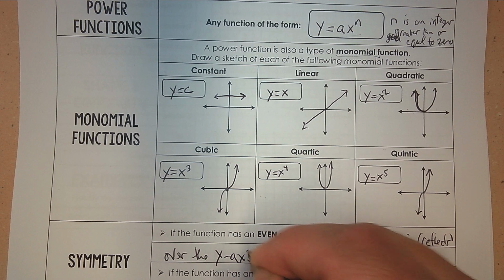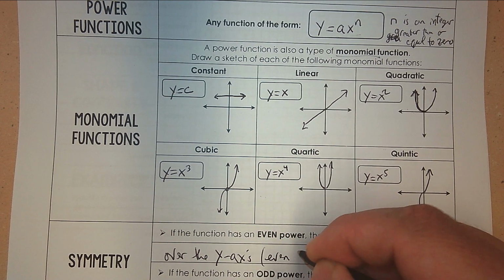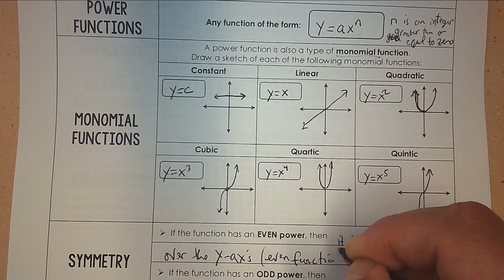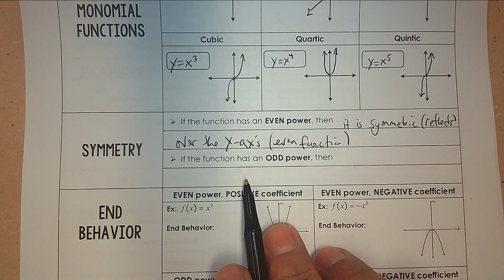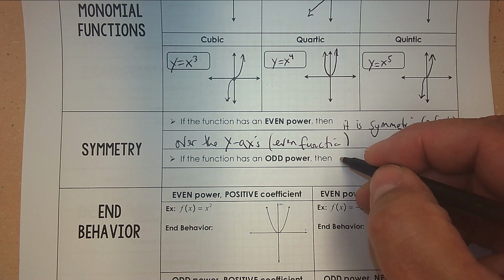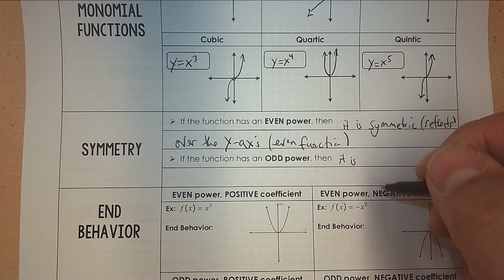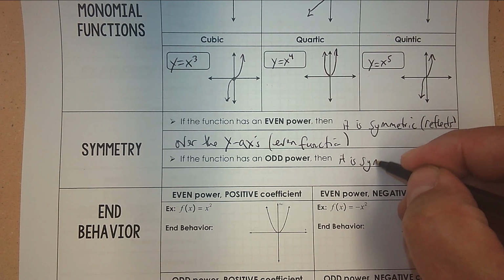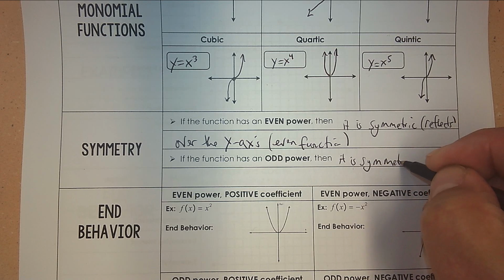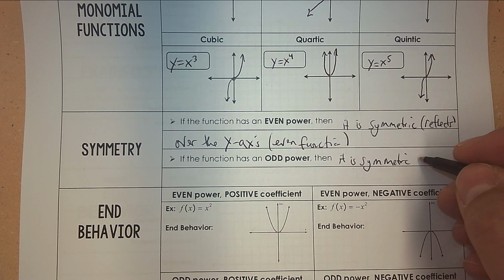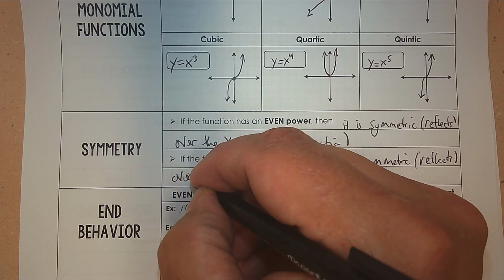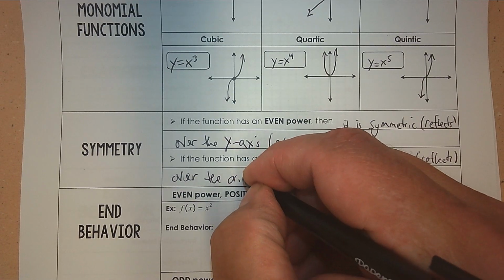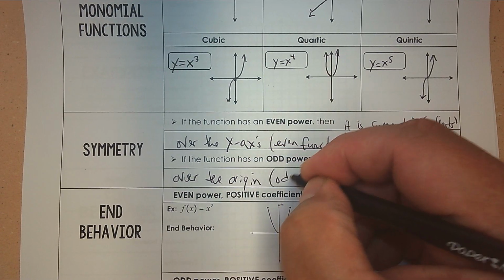We can call this an even function. If the function has an odd power, it is considered to be symmetric around the origin. We call that an odd function.